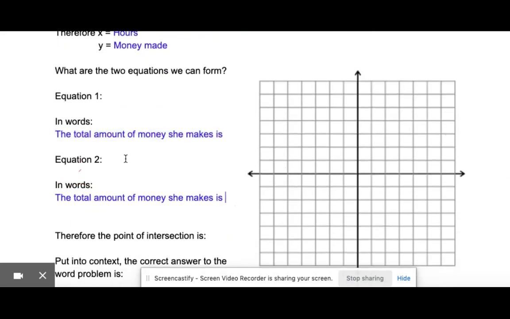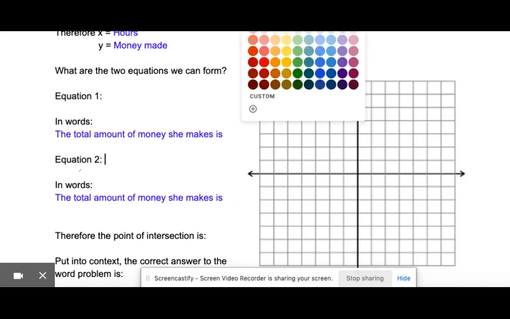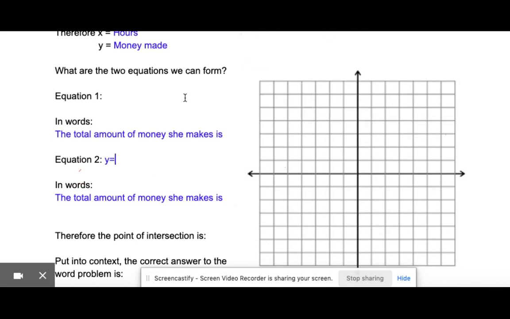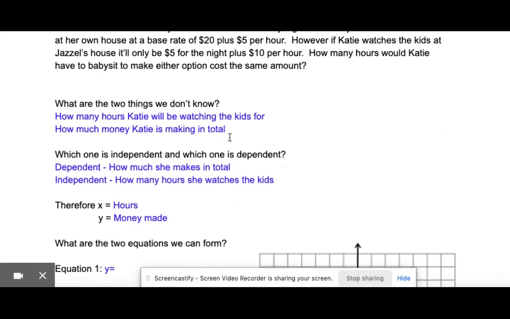And that's going to be true for both of them. For both of them, we can start our equation with Y equals, because Y is the total amount of money she makes, and is means equals.